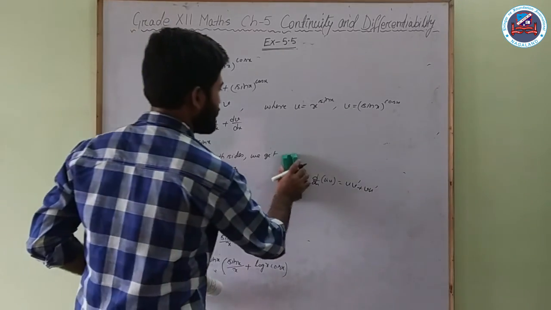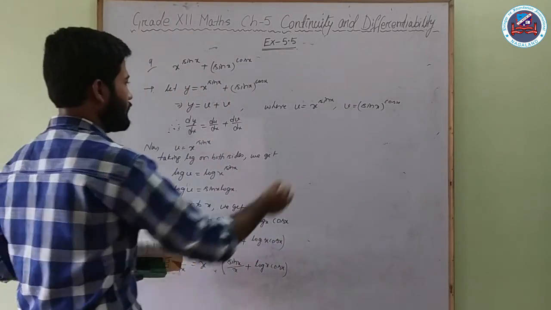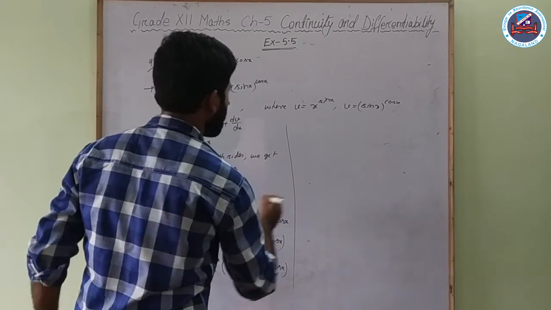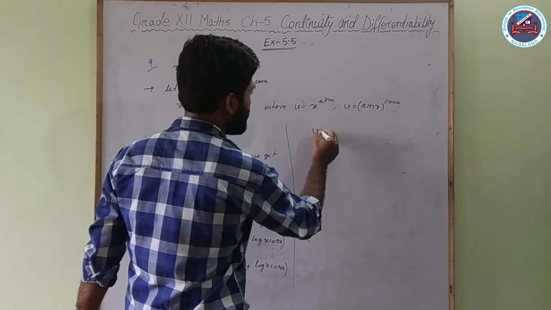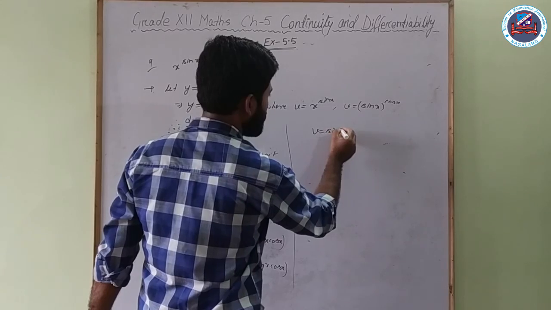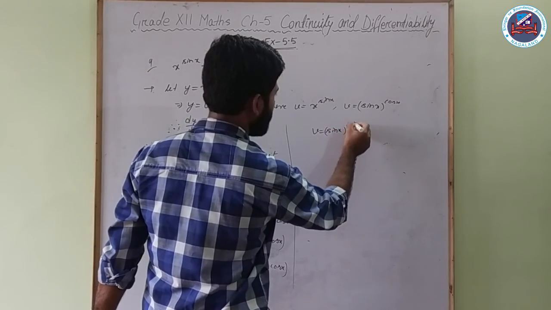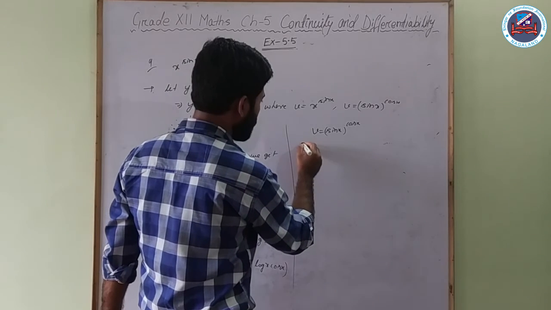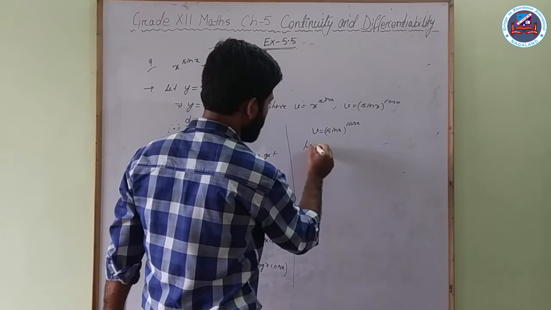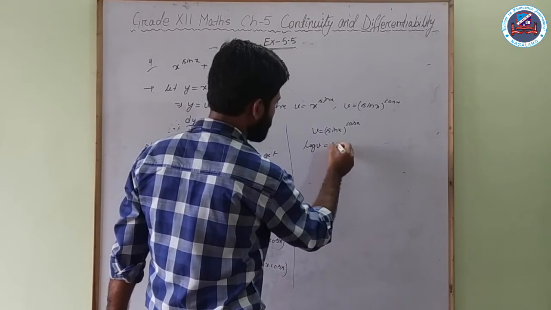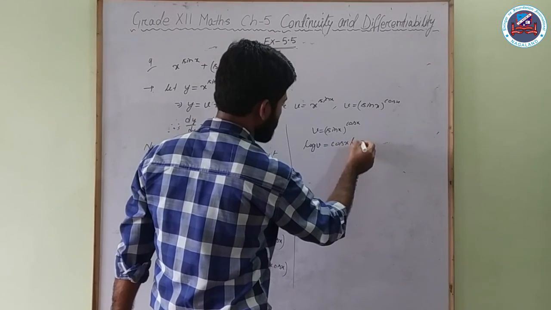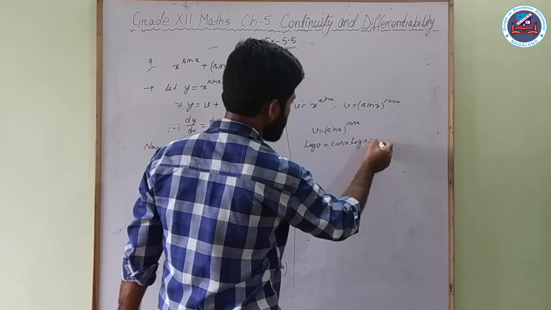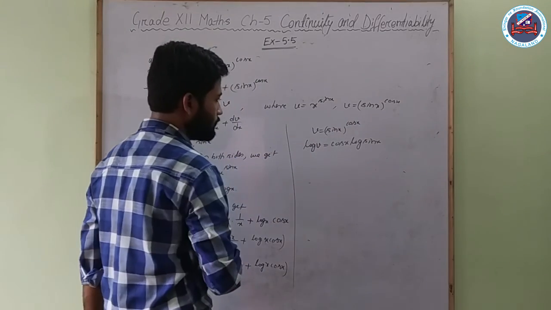Next, let us see the case for v. We have v is equal to (sin x) whole to the power cos x. If I take log on both sides, we shall have log v will be equal to cos x log of sin x. This cos will come down.